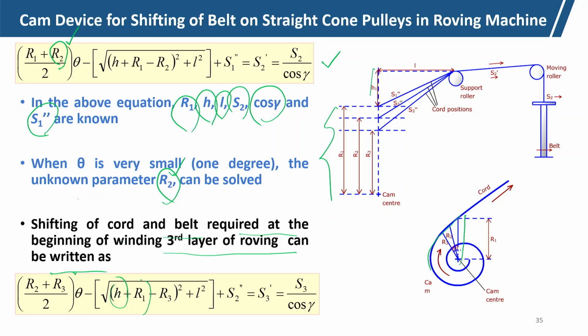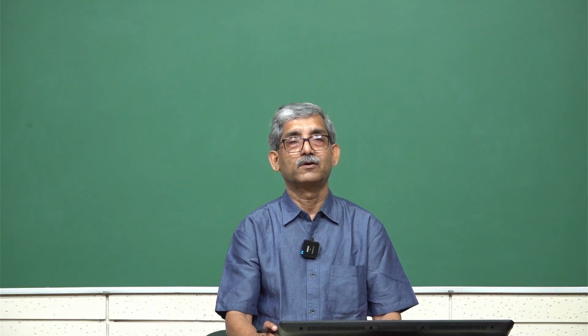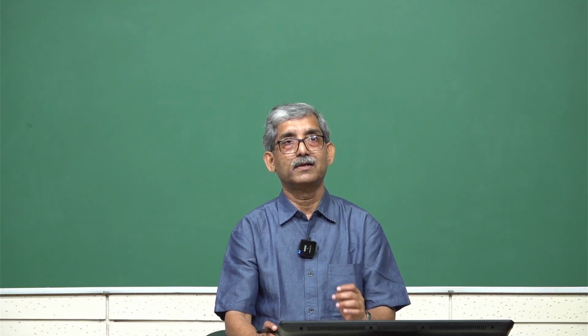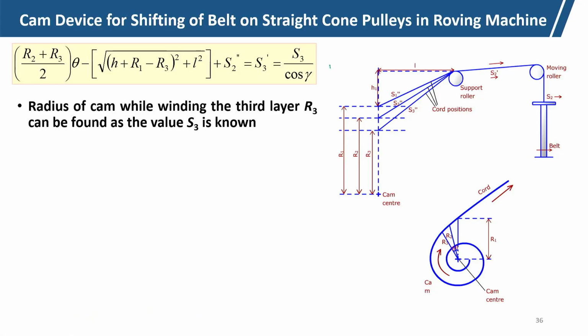So, R1 and R2 will become R2 and R3 for the third layer, and this will become S2 dash and S3, S2 double dash, S3 dash will be there, and in place of S2, it will be S3 by cos gamma. So, in this way for every layer we can calculate. So, for the third layer this is the relationship.